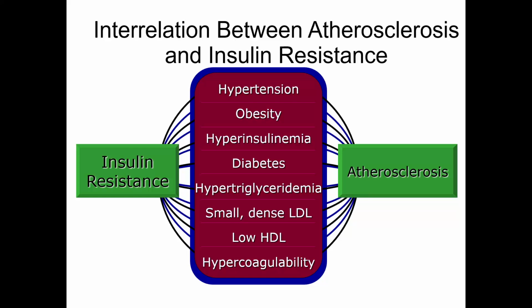Small dense LDL are a subcategory of LDL that have a higher propensity for depositing fatty streaks in the blood vessels. Low HDL, so your HDL levels are decreased, and coagulability, so increased likelihood of the development of clots or blood clotting.